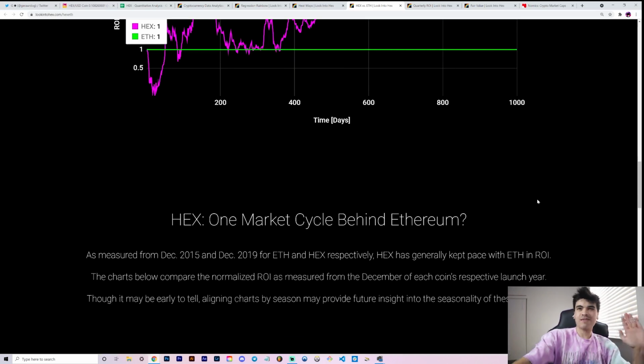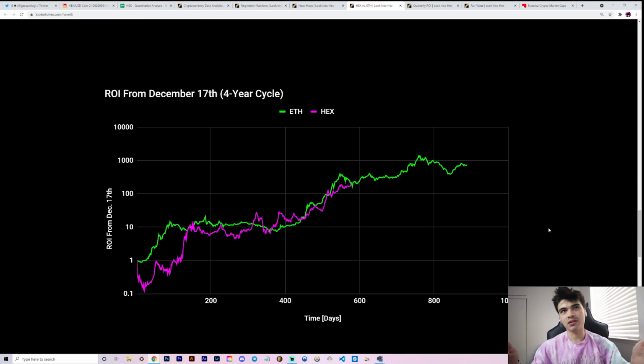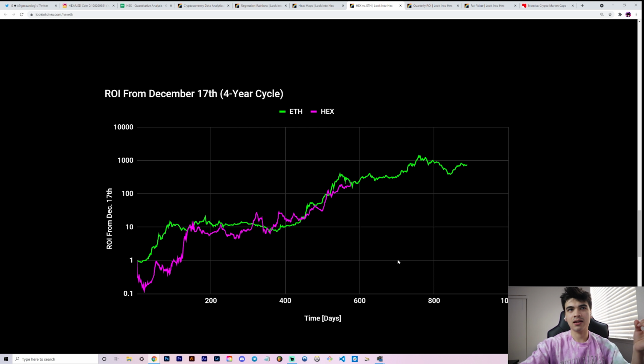And so we give Ether a break by saying, okay, let's shift HEX's price action a little bit, by about 4 months or so. So give Ether a head start in terms of where you scale the beginning to, so you can better project where HEX could be headed, right?